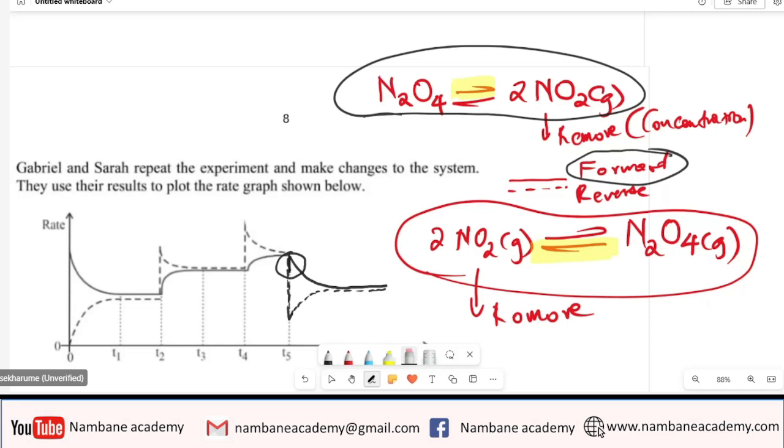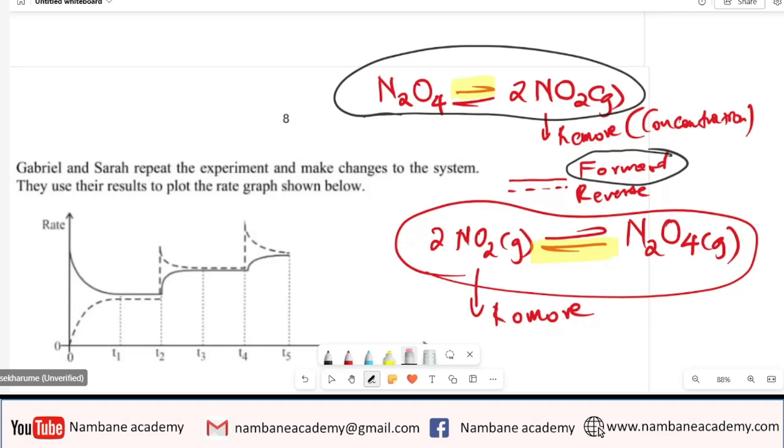So the graph, this is how we're going to do the graph. We remove NO2. The system wants to replace NO2. So we are going to favor the reverse reaction. The one which is favored is going to decrease less.